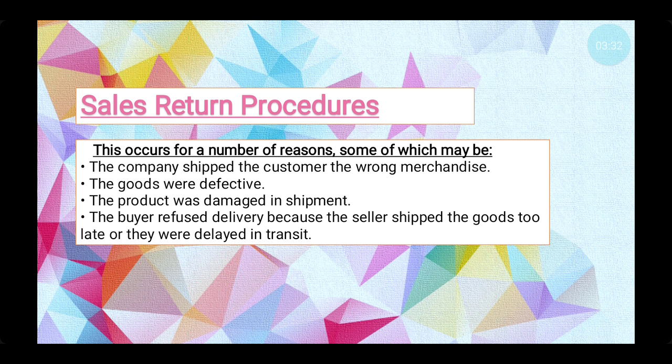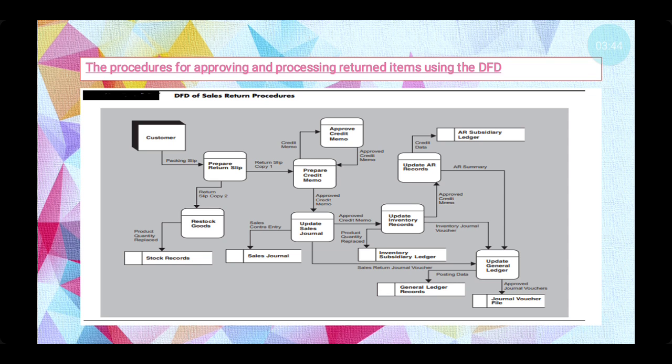If kailangan ibalik yung item or yung product, meron tayong procedure na gagawin for approving and processing return. And magkakaroon tayo ng reversing of transaction. The data flow diagram shows the procedure for approving and processing returned items.